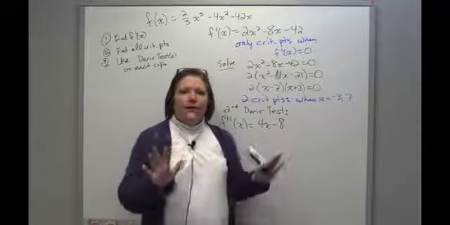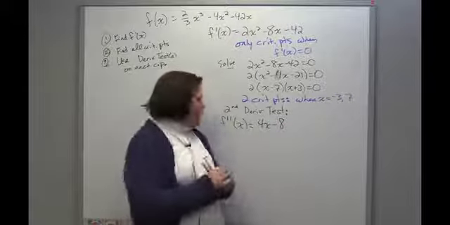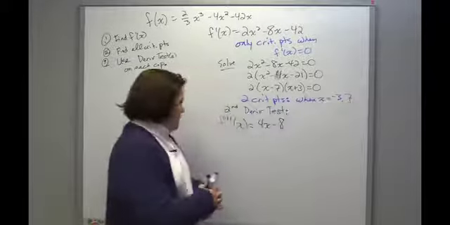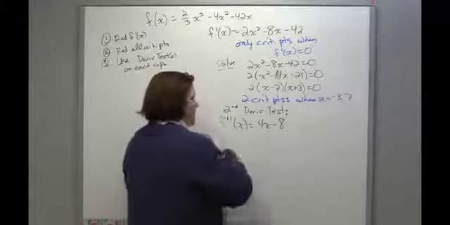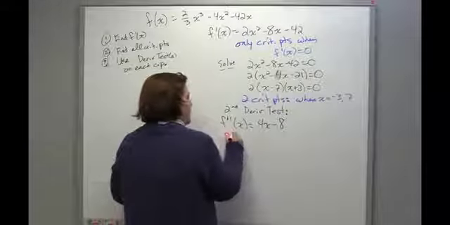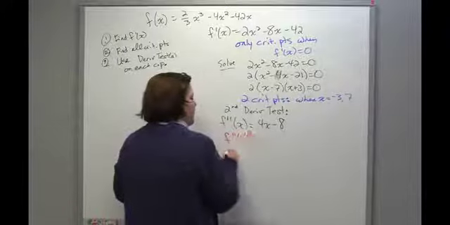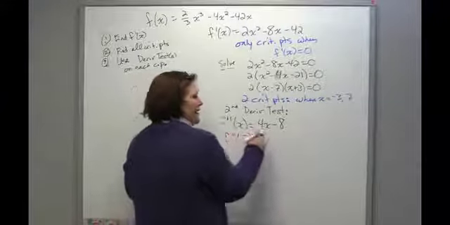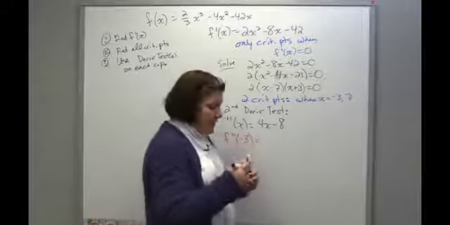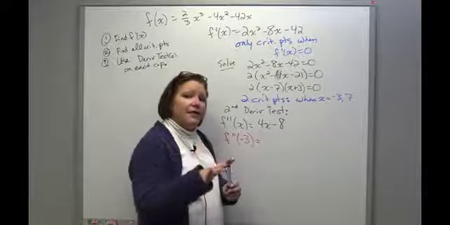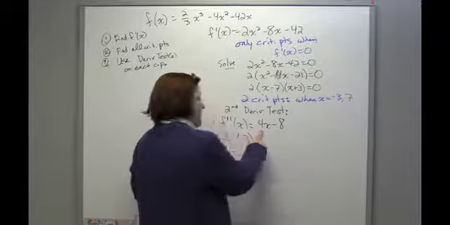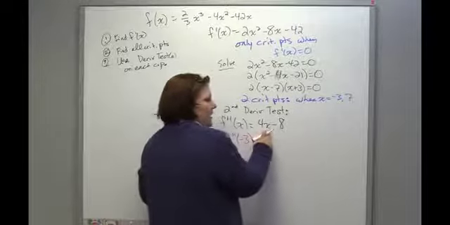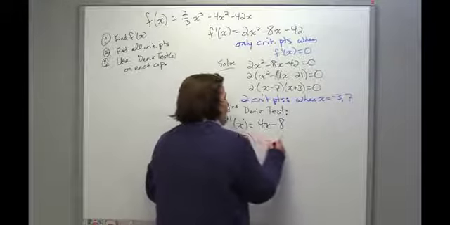Now, for the second derivative test, we're not going to do anything other than plug in these values. So we want to figure out f double prime of negative 3. And remember, for the second derivative test, we only care whether it's positive or negative at that spot. When I plug in negative 3, I get 4 times negative 3 minus 8, negative 20.